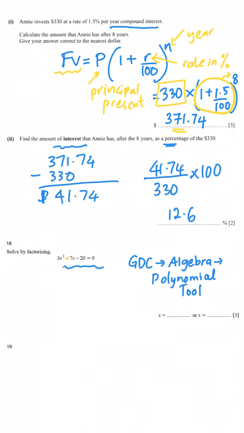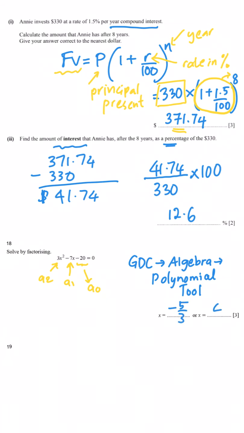Then the 8 is the coefficient of x squared, negative 7 is for x, and negative 20 is a0. You put all this in and you get the answer, I think negative 5/3, straight away.